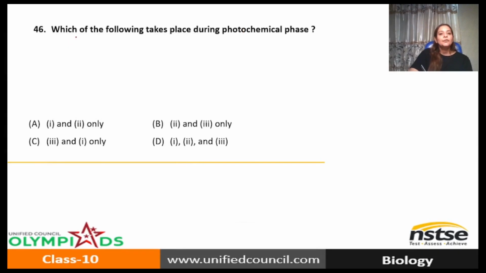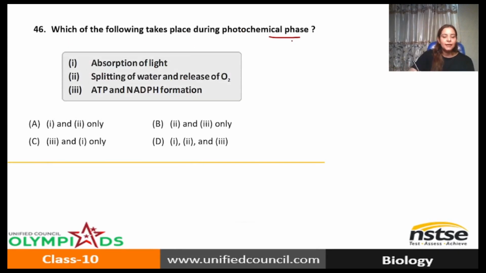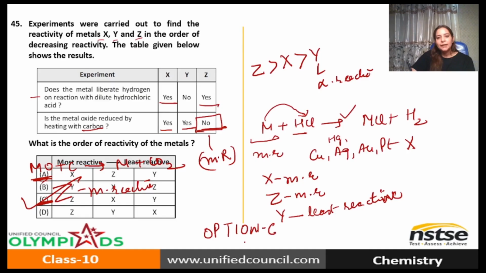Next question. Which of the following takes place during the photochemical phase? We have options where a few names of processes are given: absorption of light, splitting of water and release of O2, ATP and NADPH formation. Now let me tell you, photosynthesis is a process by which green plants prepare food.